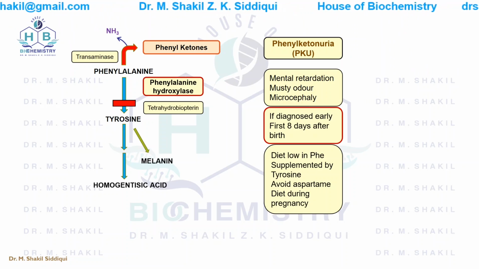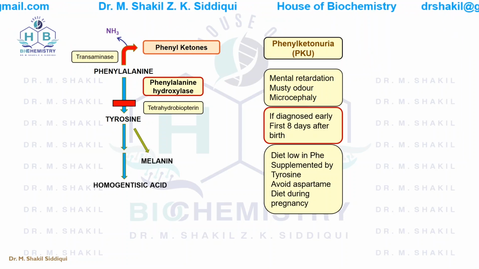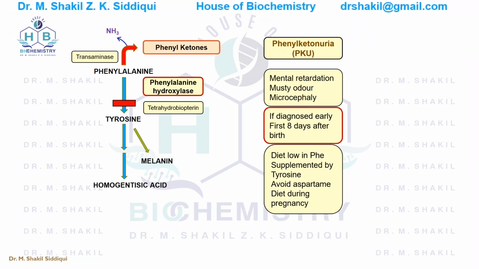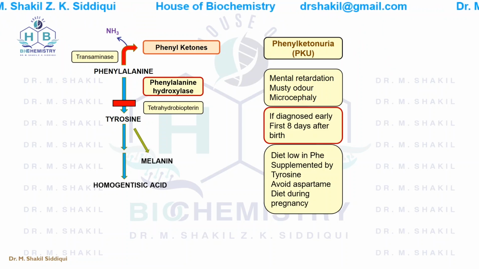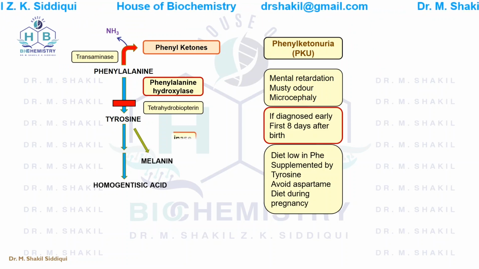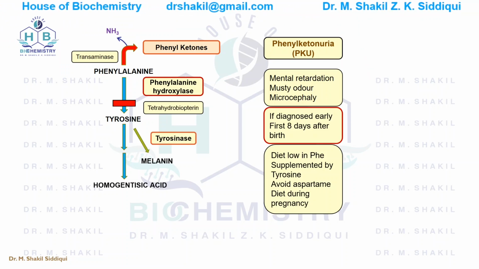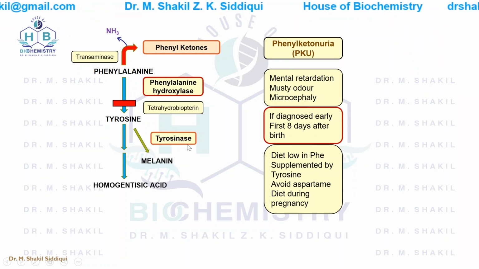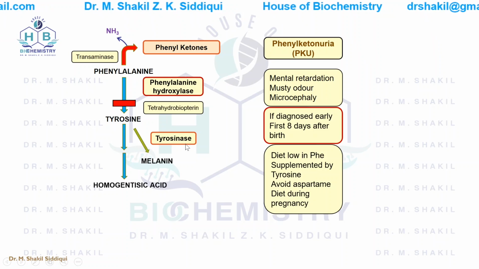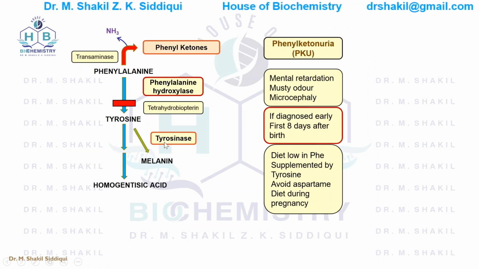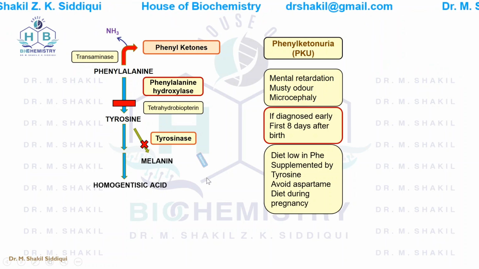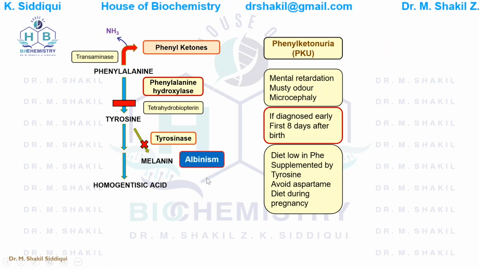This formation of melanin also takes two steps, and the last step is taken up by the enzyme tyrosinase. This enzyme tyrosinase can be genetically defective. When this is defective, it will cause a disease known as albinism.